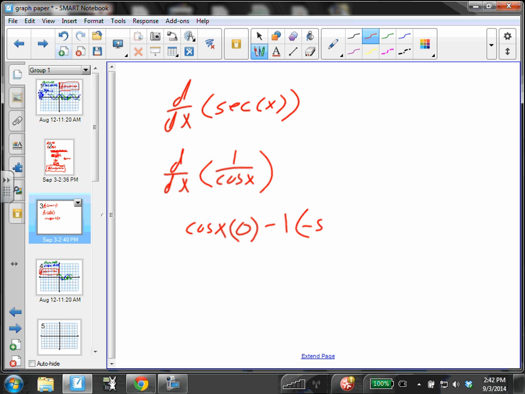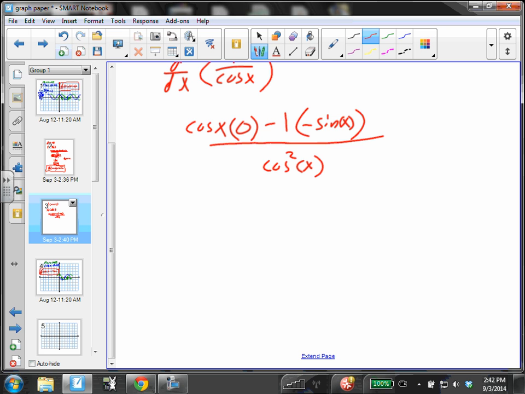Times negative sine x, all over the bottom squared. So cosine times 0 is just going to disappear. It's going to cancel. And we have a negative 1 times a negative sine. So that's going to make sine x over cosine squared x.